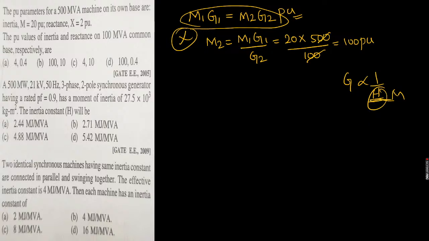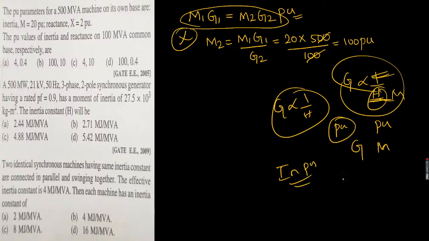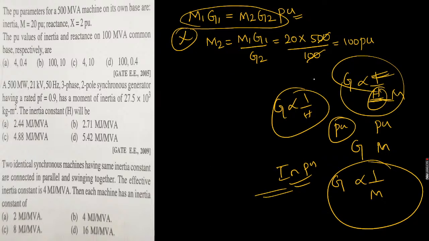In general, G and H are reciprocal. But in per unit calculation, G and M also will become reciprocal. In order to remember this, I gave this. Don't bring the relation between these two parameters.